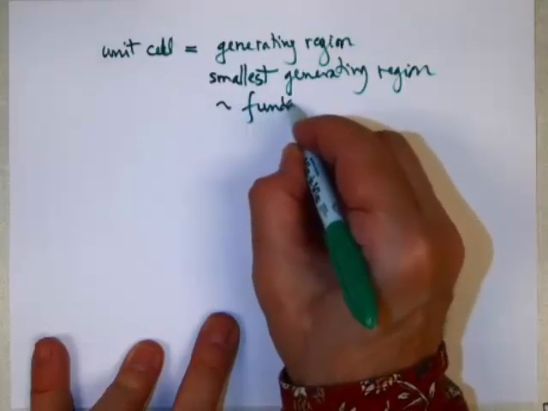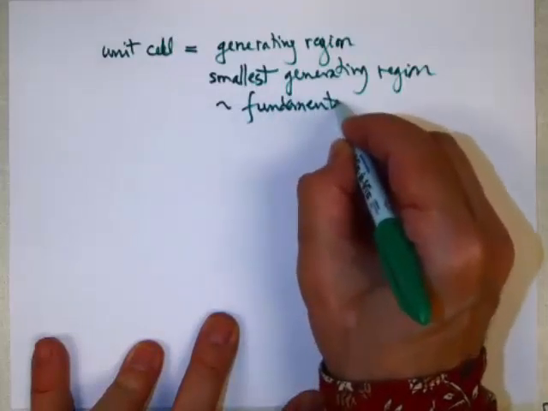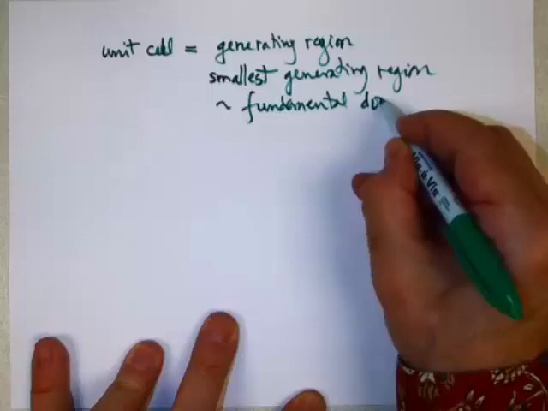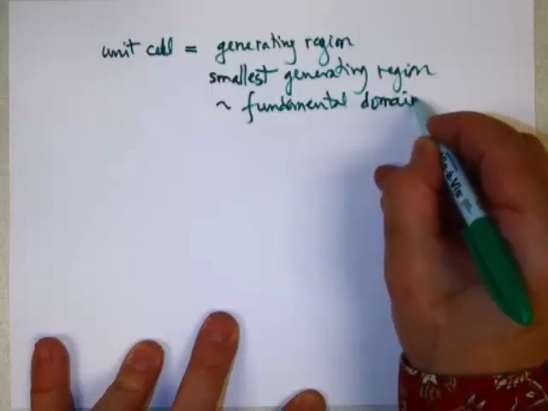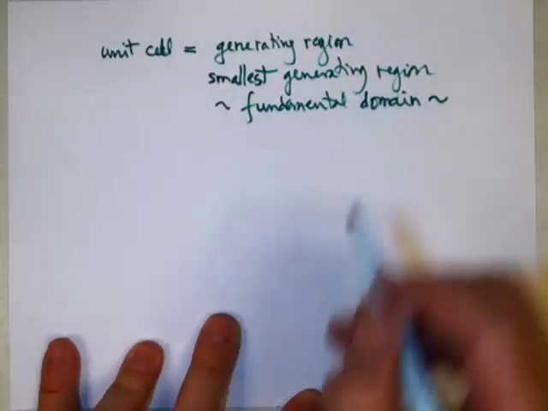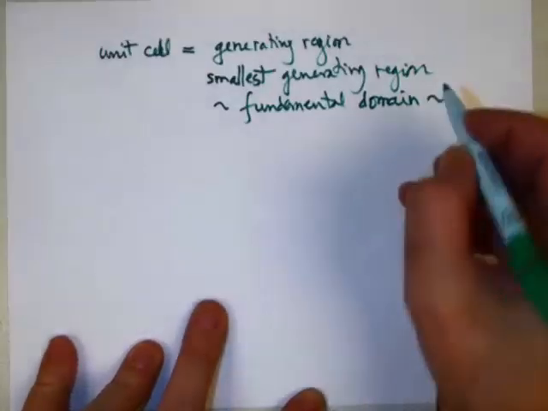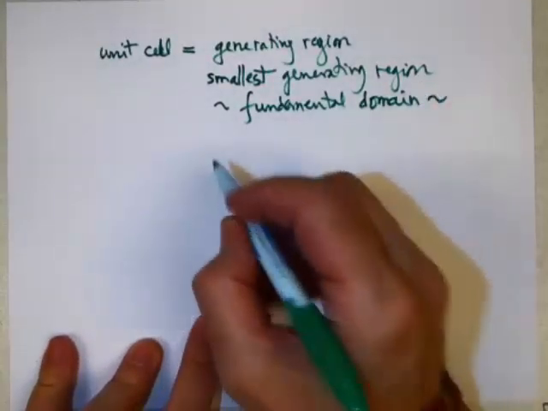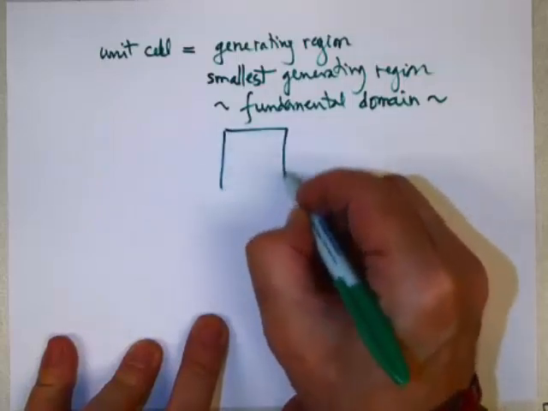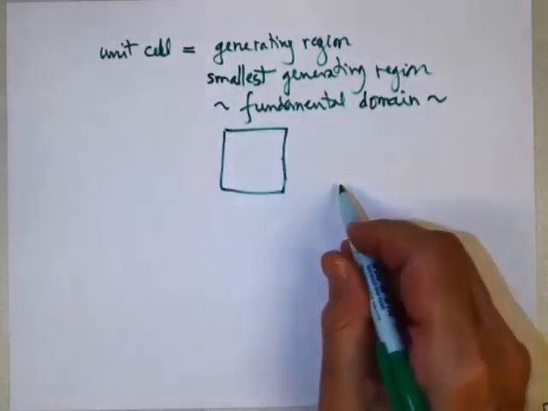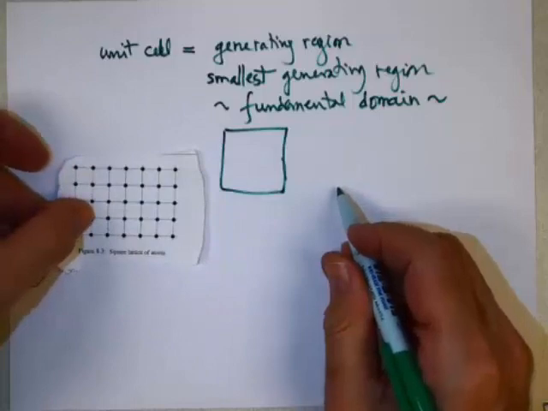So for example, in the case of a square lattice, the unit cell is a little square. If I just slice it around the symmetries and take a region like that, a little triangle, that is good enough.